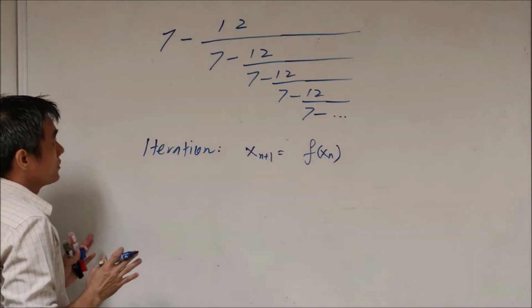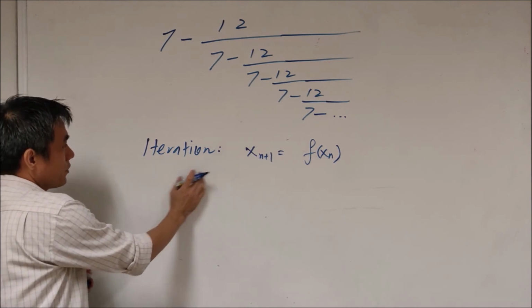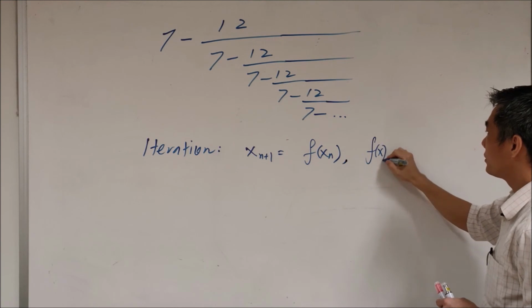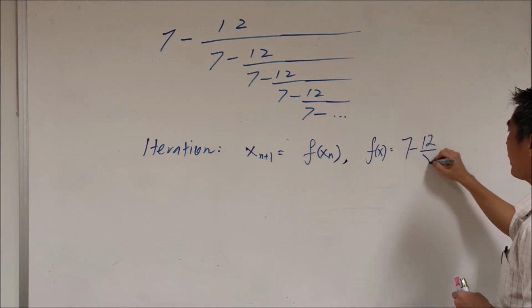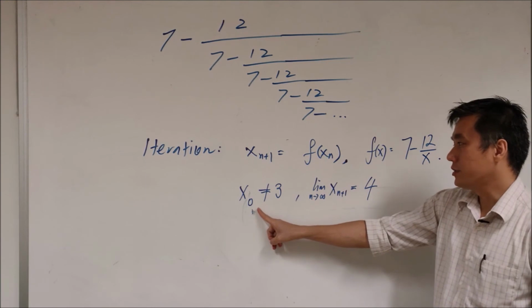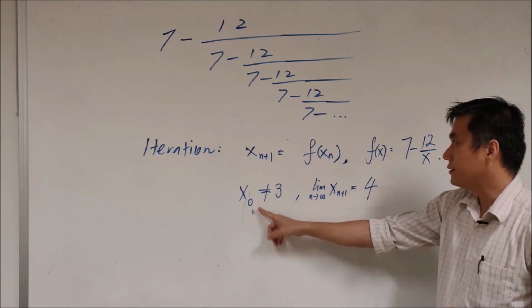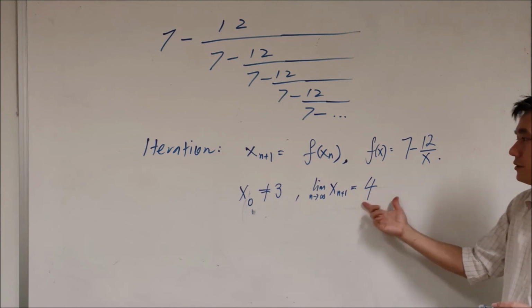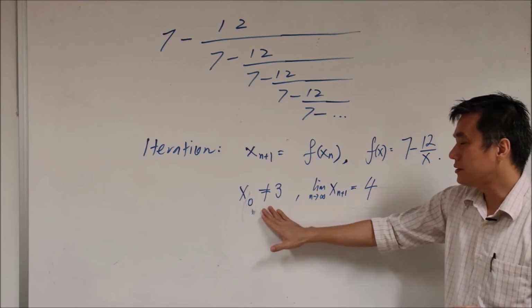We can view this question as an iteration where xn plus 1 equals f of xn, where f of x equals 7 minus 12 over x. As long as the initial value is not equal to 3, then this value will always give you 4. It only fails when x0 equals 3.